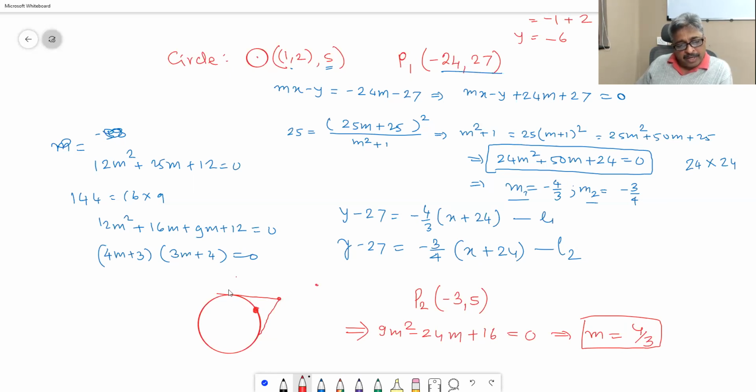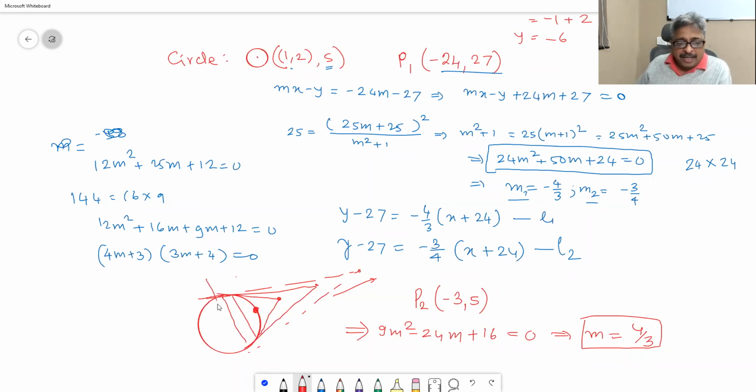If it is further away, still you end up getting two tangents. If it is still further away, you end up getting two more tangents. Now, if you observe the point of contact, as the point goes away, the point of contact also goes away. The distance between them keeps on increasing.